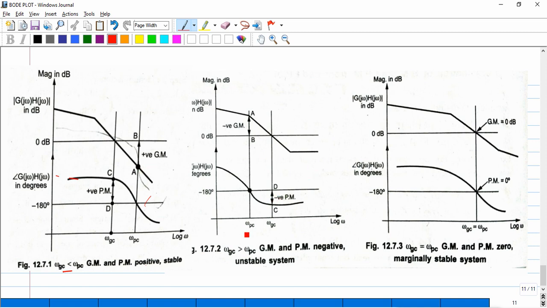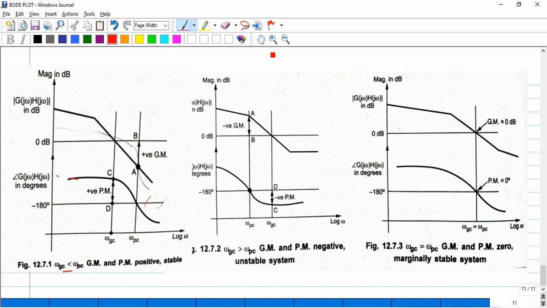Whereas if you check here, some case we have omega gc greater than omega pc, both gain margin and phase margins are negative. That is, see, if we are measuring gain margin above 0 dB and below 180 degree, we call it as a negative, and we call this as unstable system. Sometimes what happens, omega gc will be equal to omega pc, both gain margin and phase margin will be 0, we call it as marginally stable system, okay.